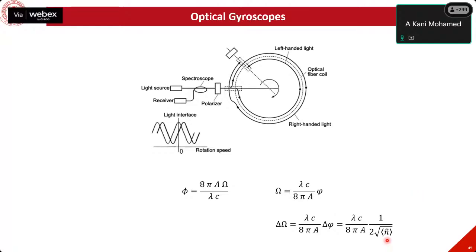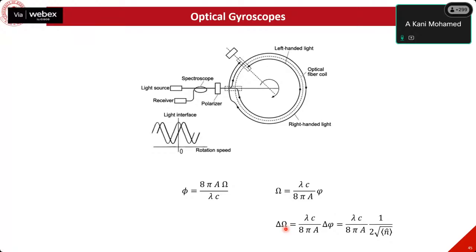Here we can increase the sensitivity by increasing the area, but we cannot have something like a huge LIGO, like a 4 km arm. So we do have a constraint on this area. We cannot increase it too much if we want a compact gyroscope, but we can increase the photon number, or the intensity, to improve the rotational sensitivity.